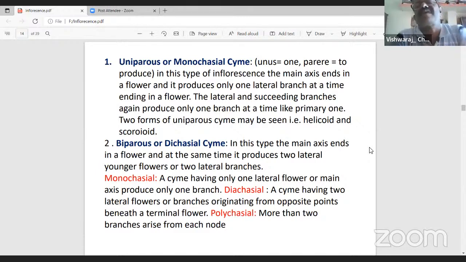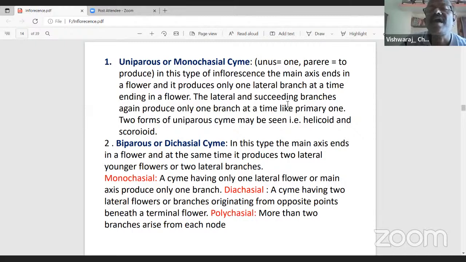Then the second is uniparous or monochasial cymes. Unus means one, parous means to produce. In this type of inflorescence, the main axis ends in a flower and it produces only one lateral branch at a time, ending in a flower.